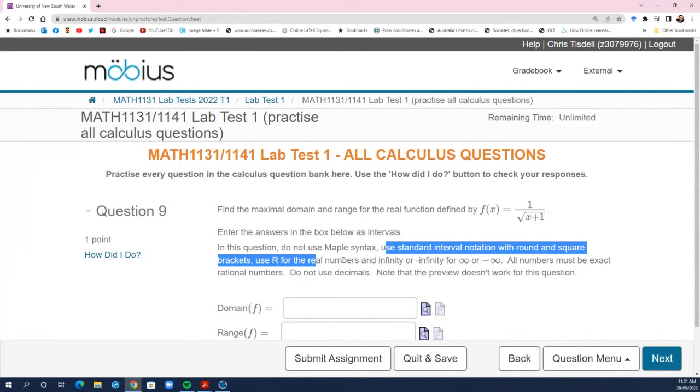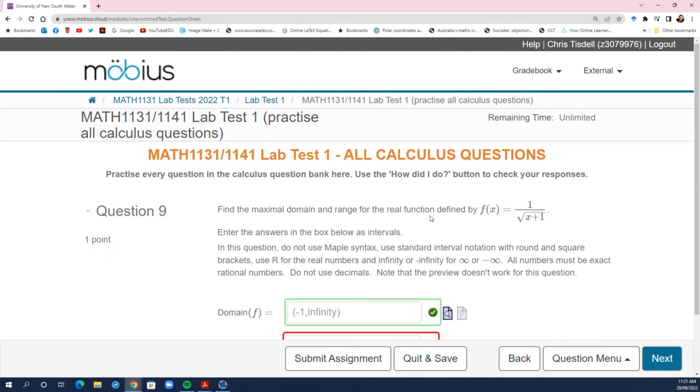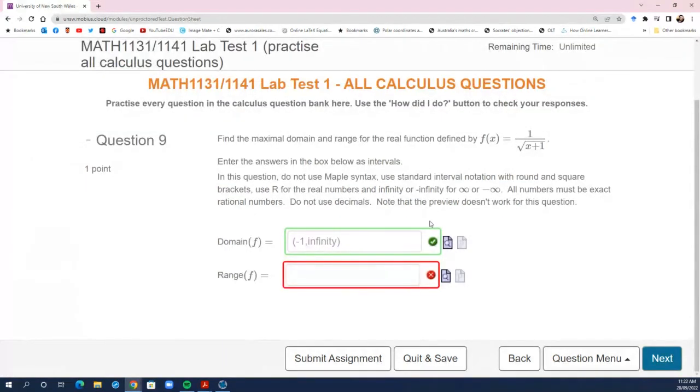What would you write there? Yeah, should we try it? Let's try it, Evelyn. Now, probably the preview won't work for this one either. How did I do? Yes, partially correct.